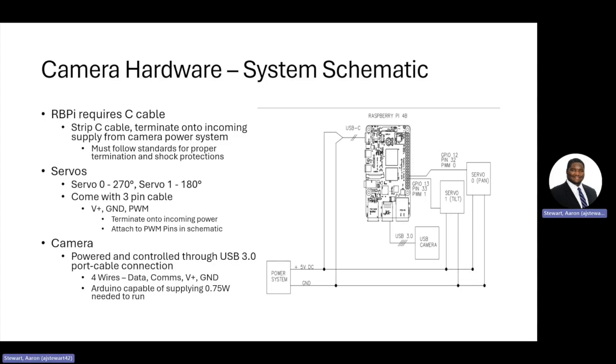The USB-C cable is considered a bus wire, which is why you see the slashes here and also on the USB 3.0, because there are multiple wires within a USB-C connection. The Raspberry Pi needs a USB-C connection in order to power itself and operate. So we have to strip and terminate the USB-C properly for the power to be properly delivered to the Raspberry Pi.